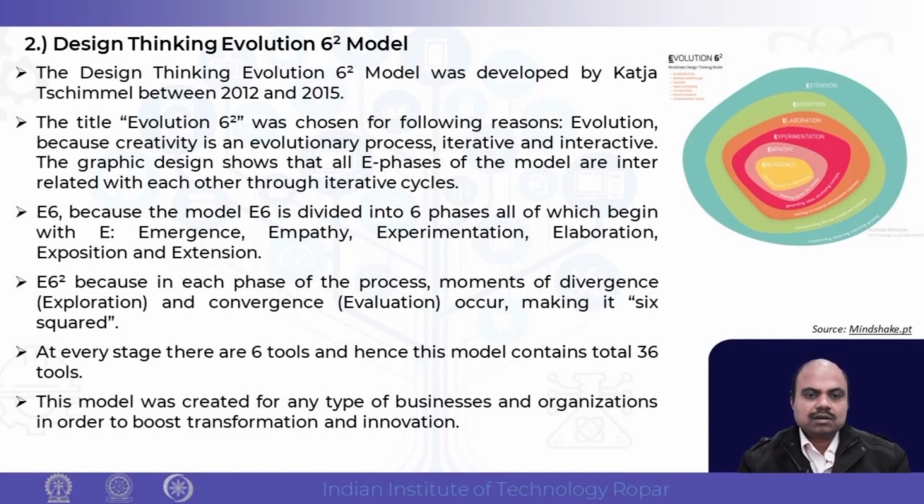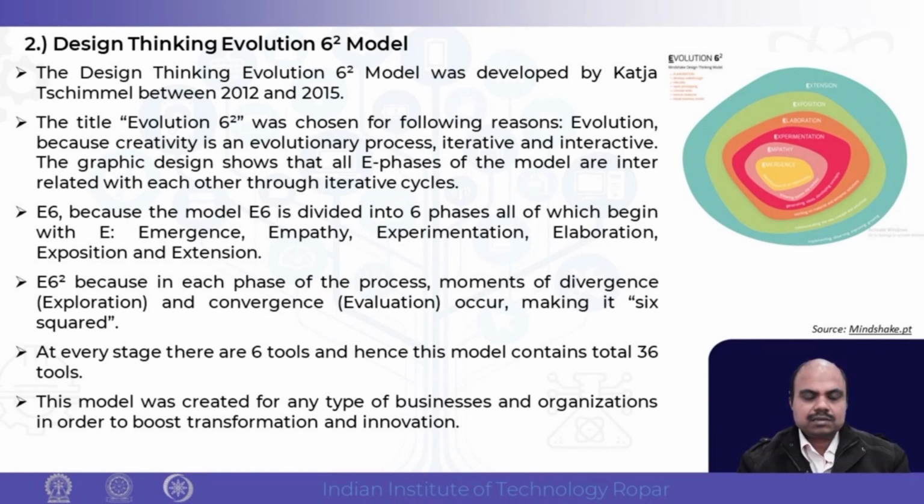The Evolution 6 Square was chosen as the name because creativity is an evolving, iterative and interactive process, and the graphic design on the right side shows it is evolving. So emergence, empathy, experimentation, elaboration, exposition, extension. This is what the core belief of this model is all about.